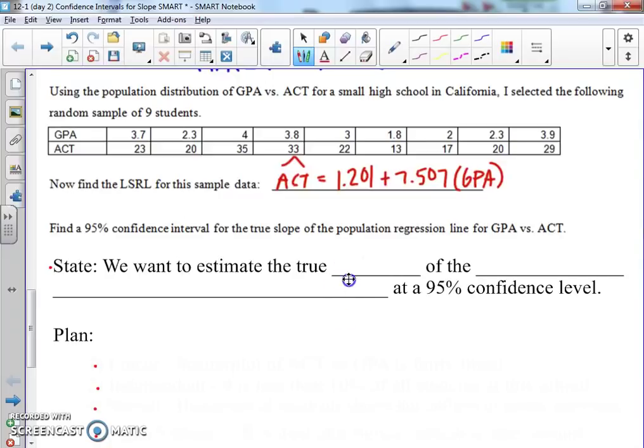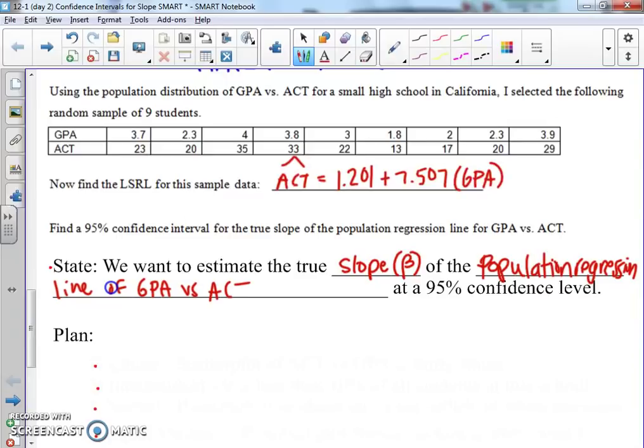So in this case, we want to estimate the true slope, which is beta, of the population regression line of GPA versus ACT at a 95% confidence level. So that's how we would fill these out. We want to estimate the true slope of the population regression line of, and then just put the context of whatever 2 variables you have, at a 95% confidence level.